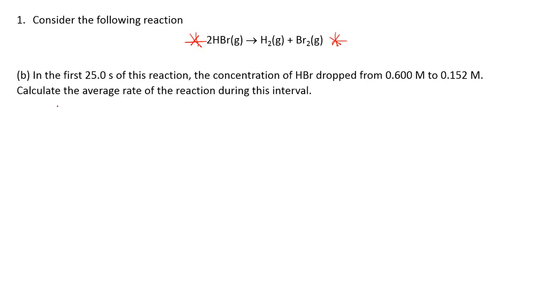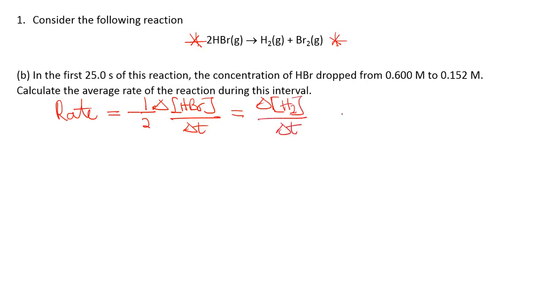Just a reminder, at the beginning we said rate is given by negative half change in concentration of HBr over change in time, is equal to change in concentration of H2 over change in time, is equal to change in concentration of Br2 over change in time.